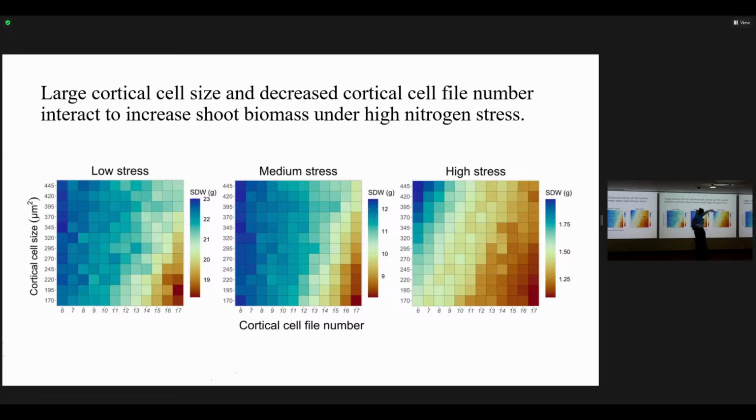So you need to combine the small cortical cell file number with a large cortical cell size, and then you have the best performance. And again, just to emphasize, in the model this is an artificial way in which we can test this fitness landscape, which is how different phene states could perform in different environments.